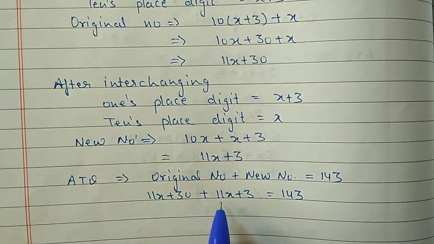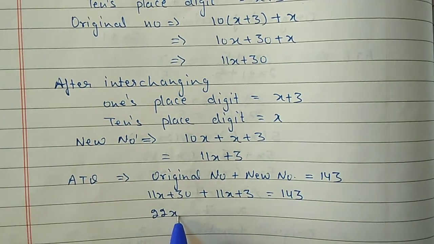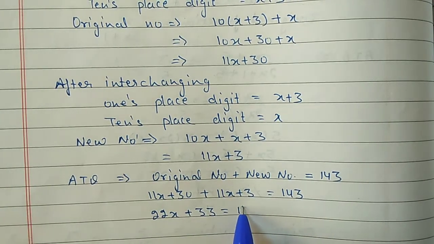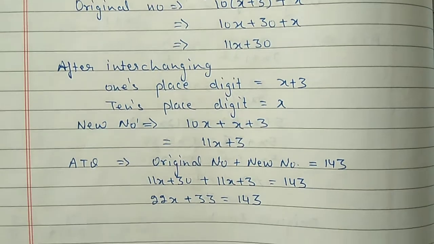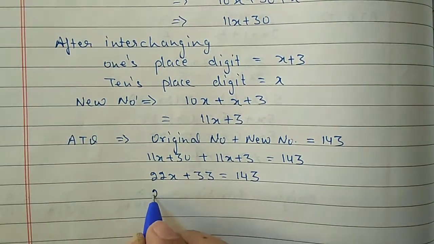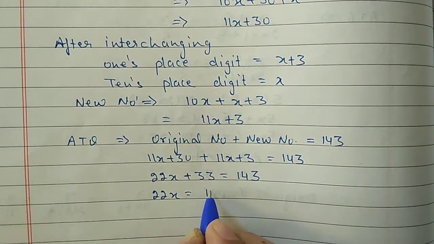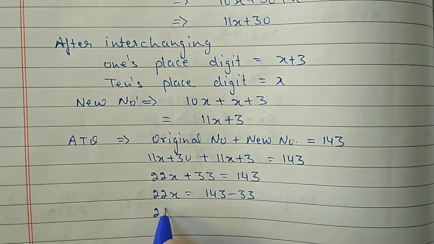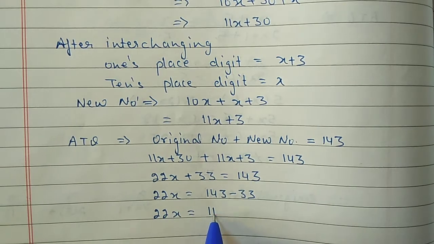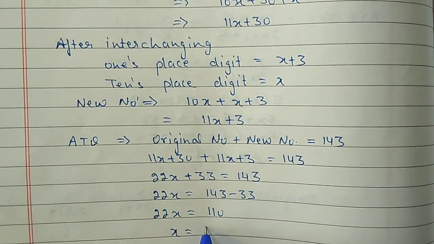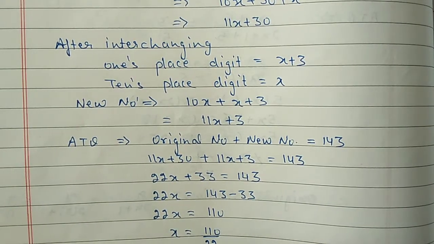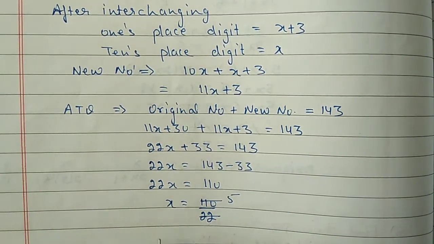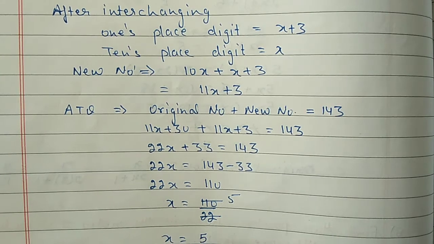Now 11x plus 11x will become 22x, 30 plus 3 will become 33, equal to 143. 33 we can shift to the other side. So 143 minus 33 we will get 110. So x value will be 110 divided by 22. After cancellation you will get 5. So the value of x is 5.